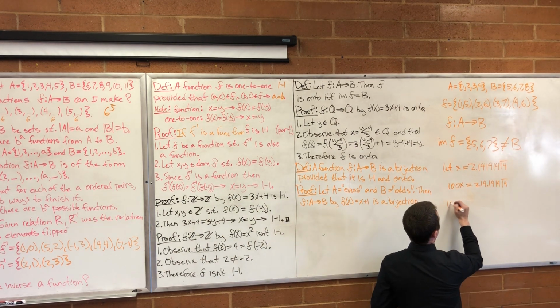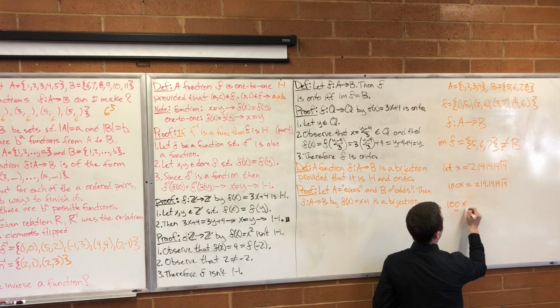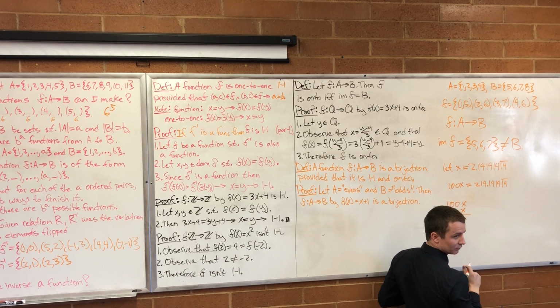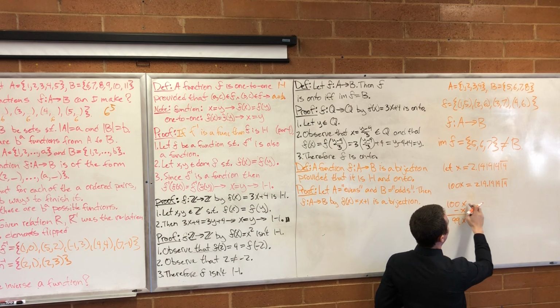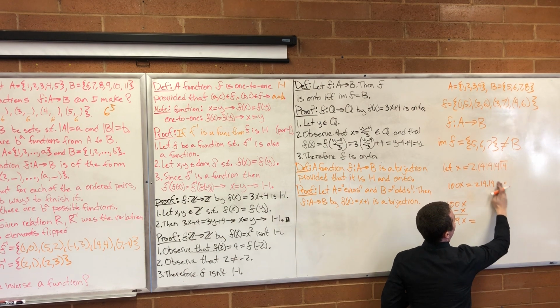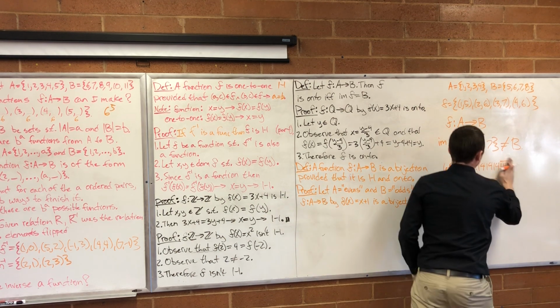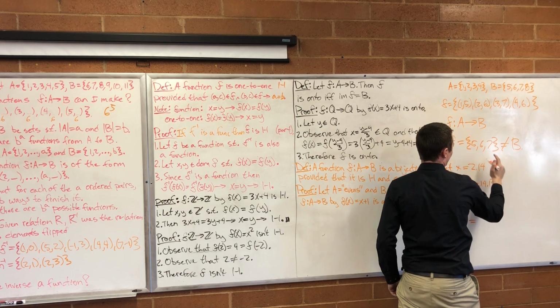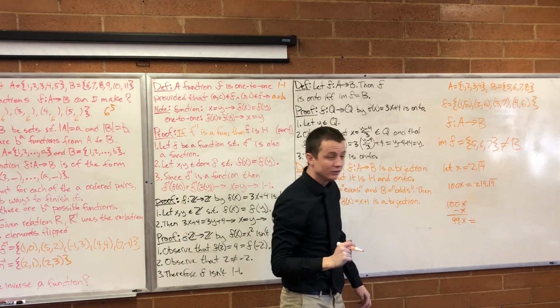Okay, now I'm just going to write over here: 100x minus x is, what is it? 99x. What was 100x though? 100x is 214.14 repeating, and x was 2.14 repeating.